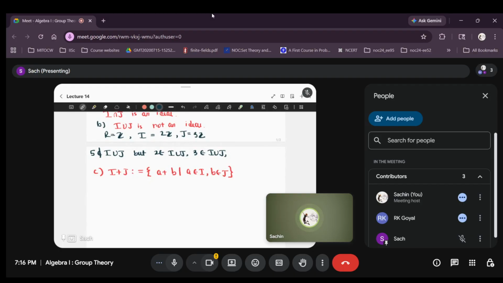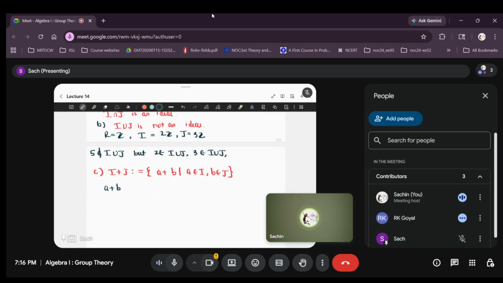You have to show all the properties. First we'll show closure.